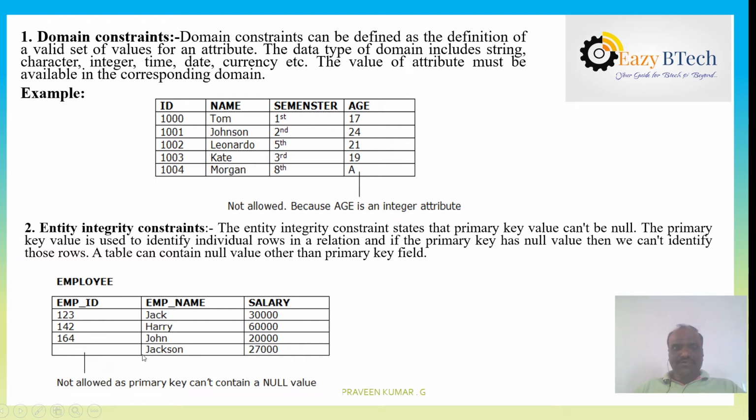The entity integrity constraint is nothing but that the primary key value must be initialized with some value. It cannot be null. This is called the entity integrity constraint.